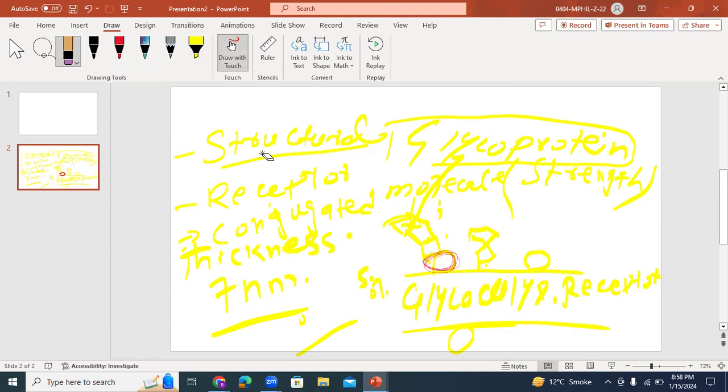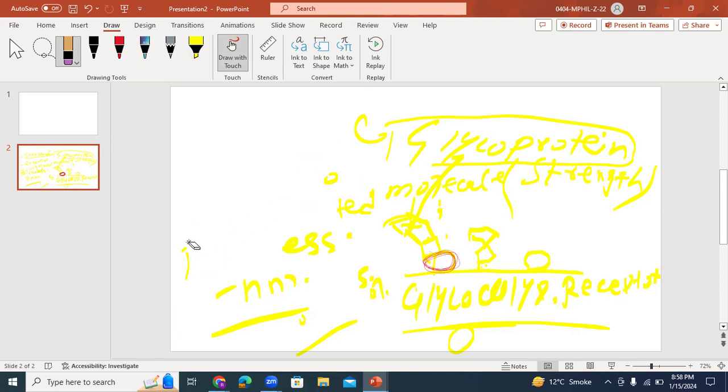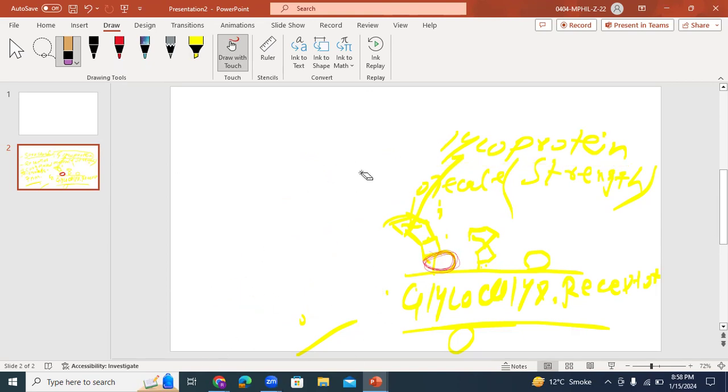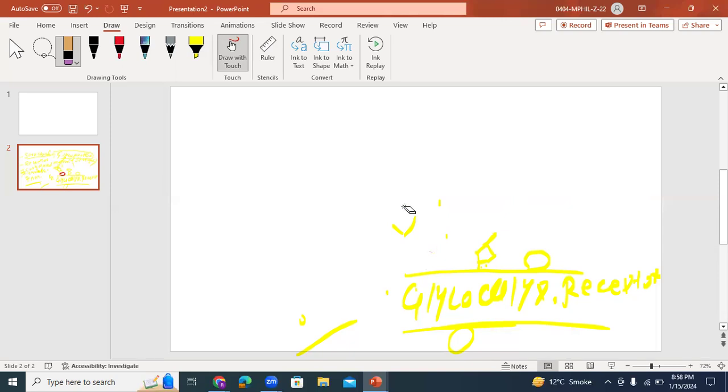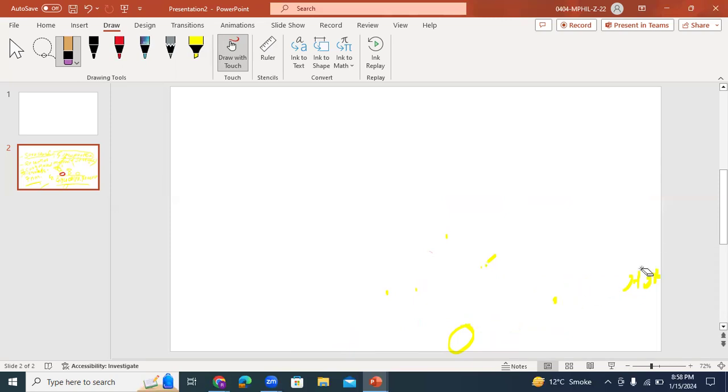And what are glycoproteins? Proteins conjugated with carbohydrates. It is a conjugated molecule of two components, one is protein and the other is carbohydrate, right? So this is all about the cell membrane.